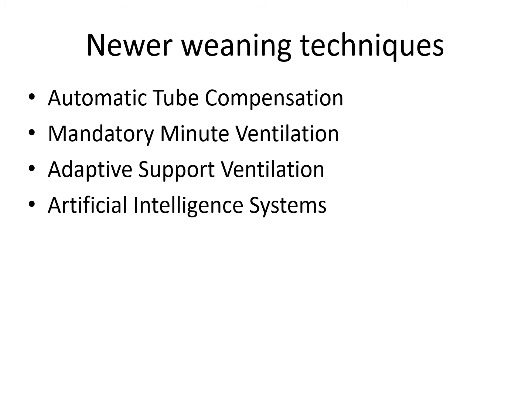So mandatory minute ventilation is another one we'll talk about. ASV, adaptive support ventilation, and then artificial intelligence systems. So these are basically considered closed loop systems. So like I mentioned before, there's a set variable that is compared with a measured variable.